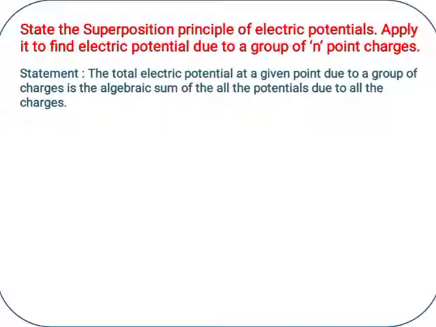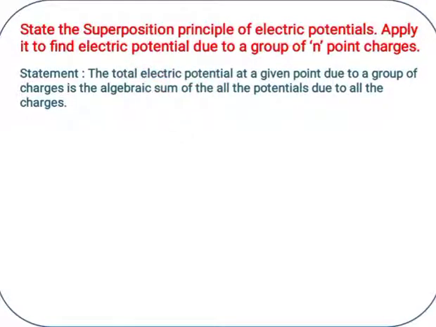Statement: the electric potential at a given point due to a group of charges is the algebraic sum of all the potentials due to all the charges. This is the statement of the superposition principle. A group means many charges in the system; n means many charges.